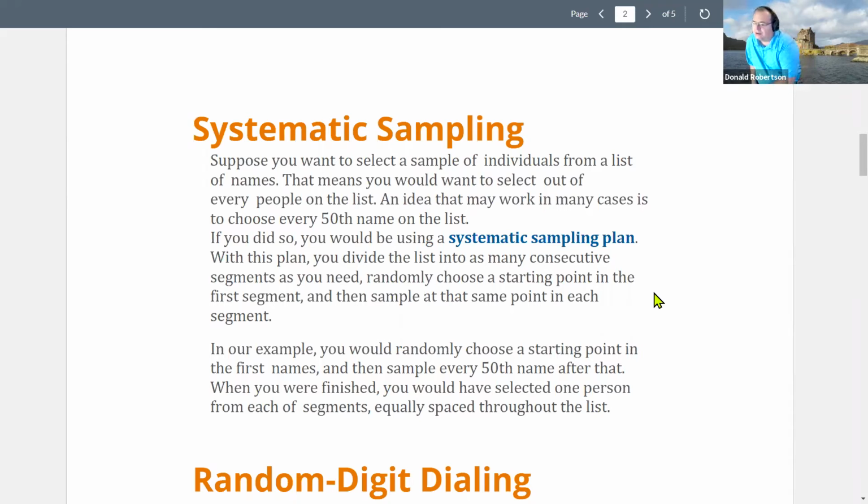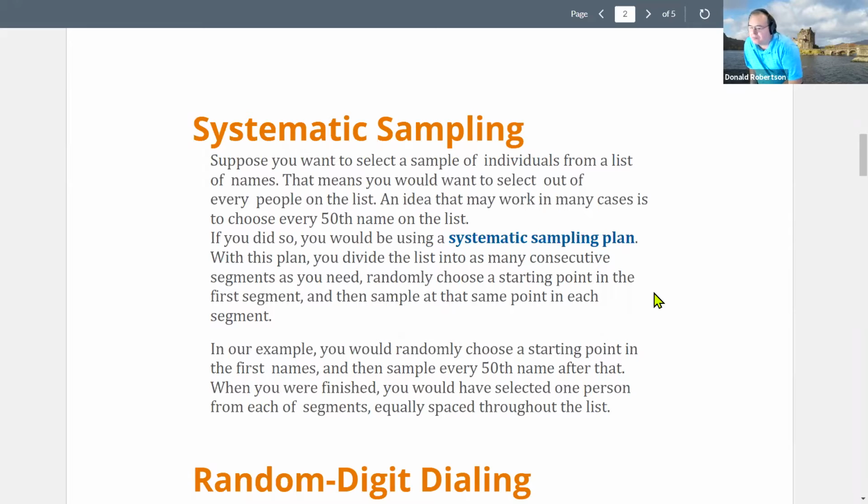Everybody. And just go, I'll pick student number 1, student number 101, student 201, student 301. So you see how I've got a kind of systematic way of choosing who from the entire group I pick. That would be an example of that.